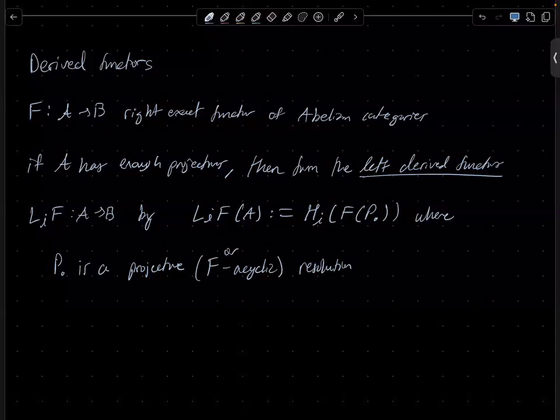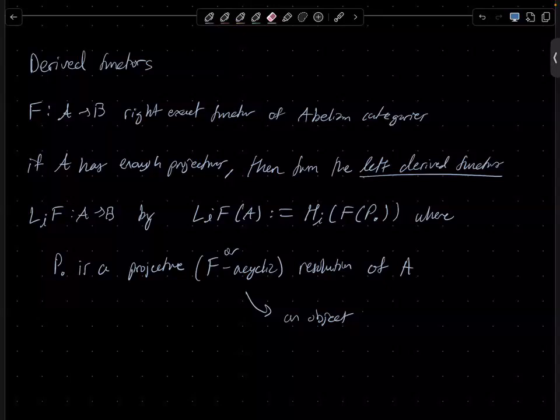So, or an F-acyclic resolution of A. F-acyclic just means that in the resolution, an object Q is F-acyclic if the higher derived functors vanish on those objects.